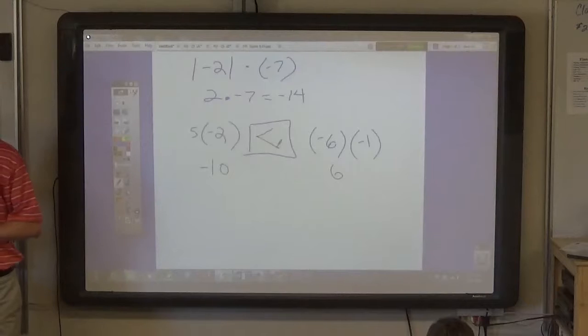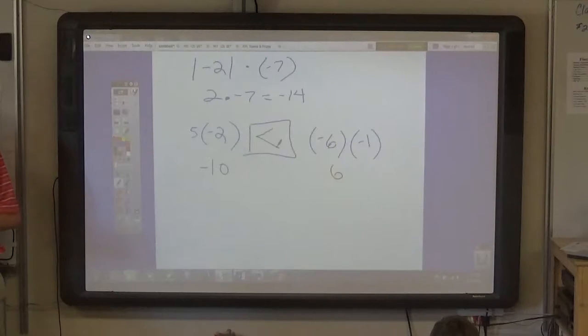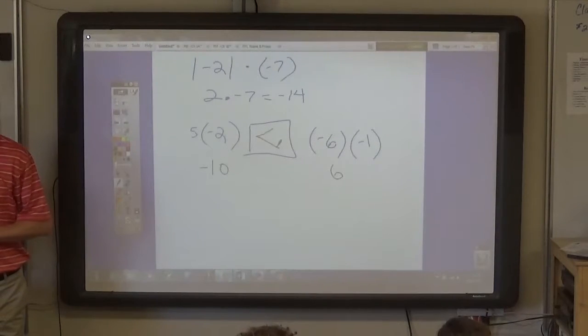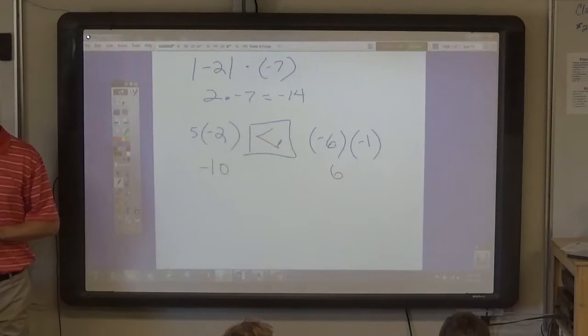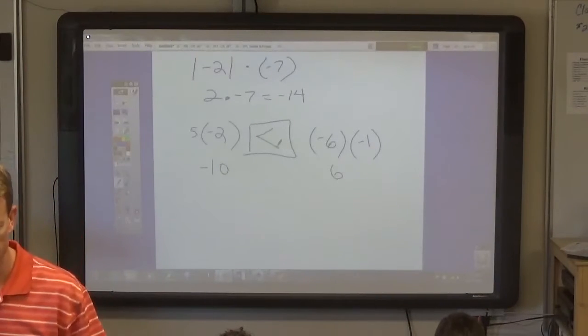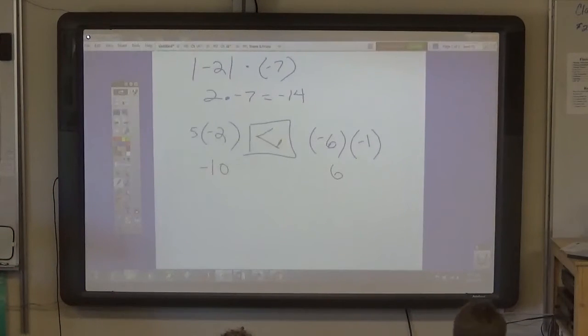I want you to do 14 to 28 evens on page 47, and 42 to 60 evens. And you don't have to write out the questions on the first section.